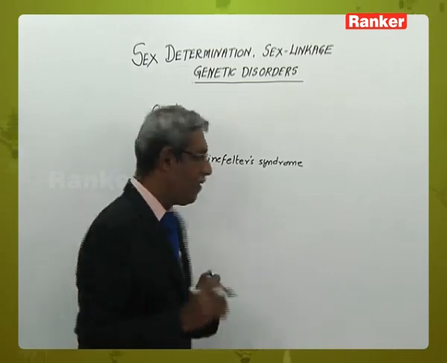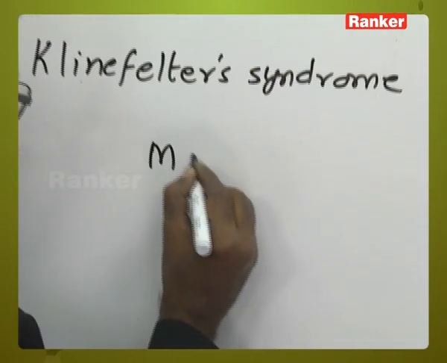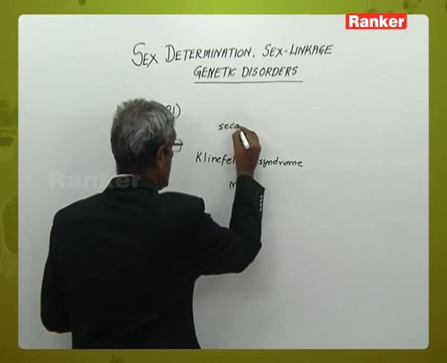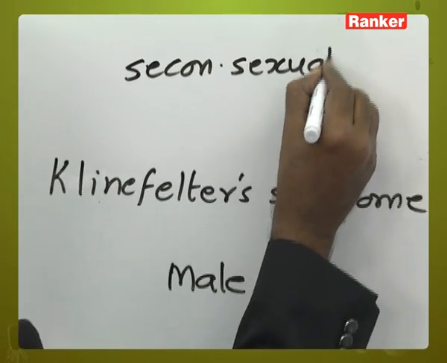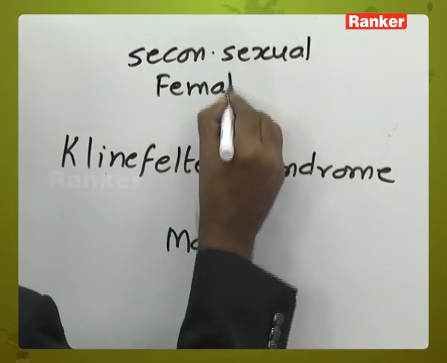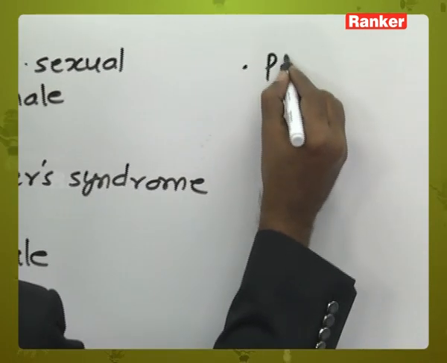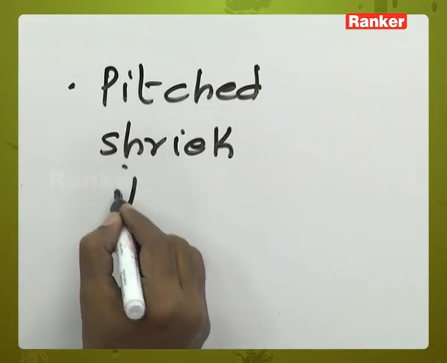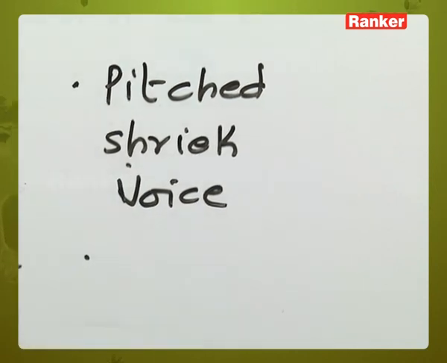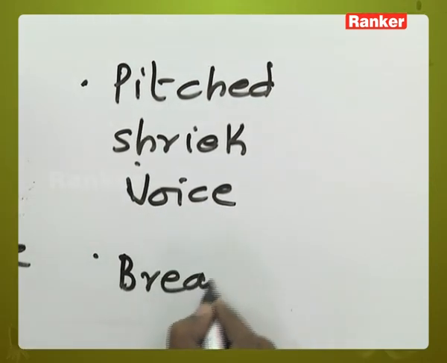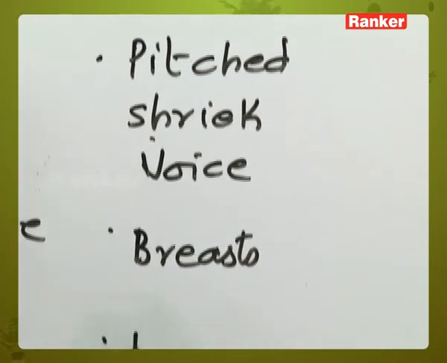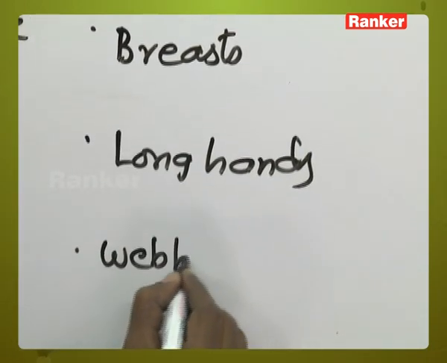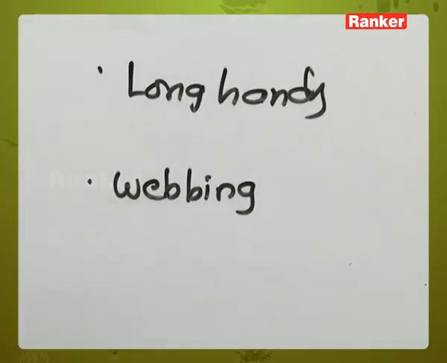Hence, the right choice is, whenever we are dealing with Klinefelter syndrome, we understand it is a syndrome which is caused in the male with a few of the secondary sexual characters of the female, which is seen in the form of a high-pitched shrill voice and development of breasts, and maybe long hands, a bit of webbing of the neck, and talkativeness.